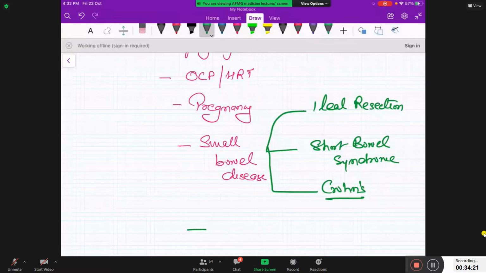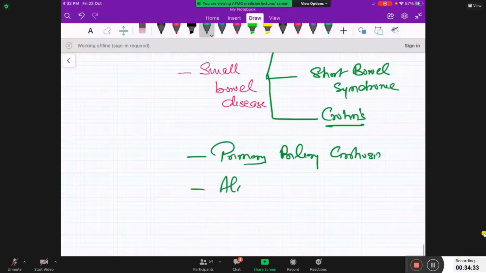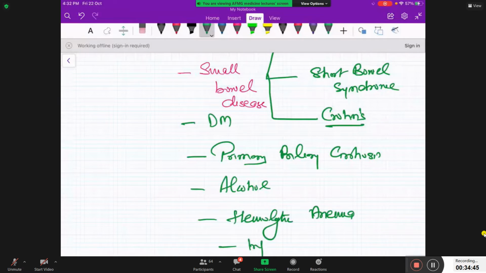Then primary biliary cirrhosis, alcohol, diabetes mellitus, hemolytic anemia, and infection.